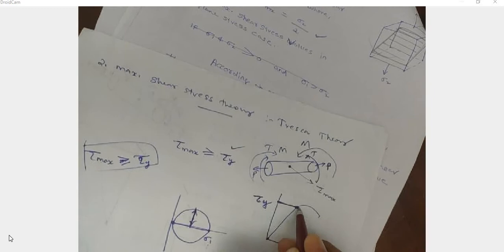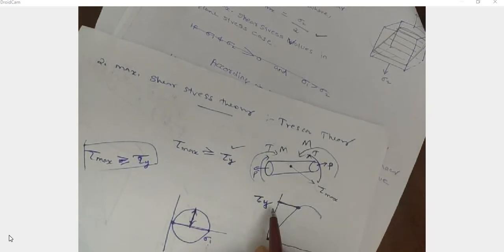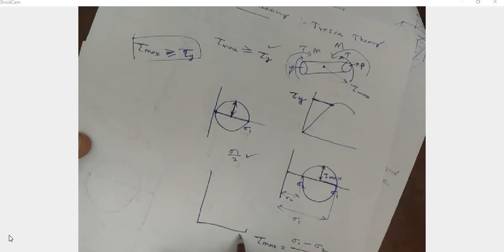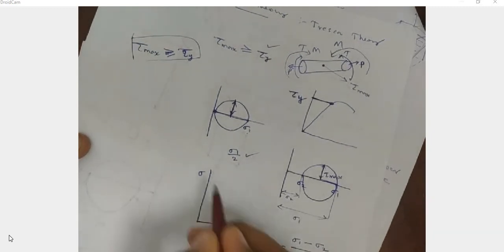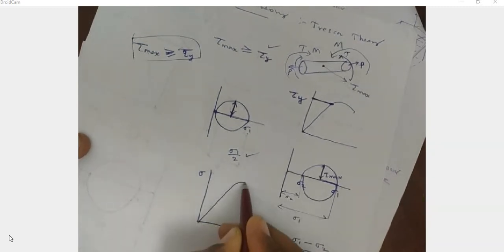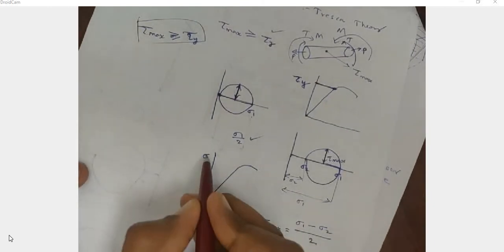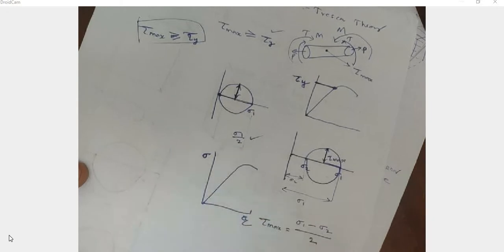Now, what is the maximum shear stress from the uniaxial tension test? In the uniaxial tension test, we have normal strain and normal stress. But this sigma can be replaced with the shear stress. How?